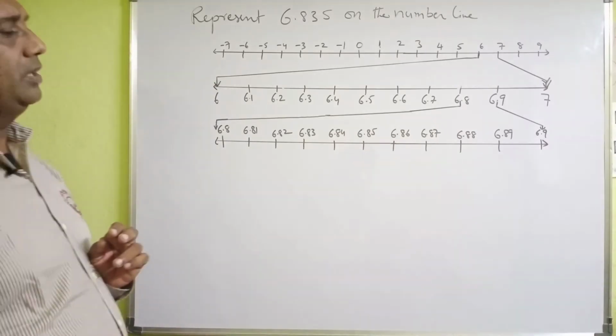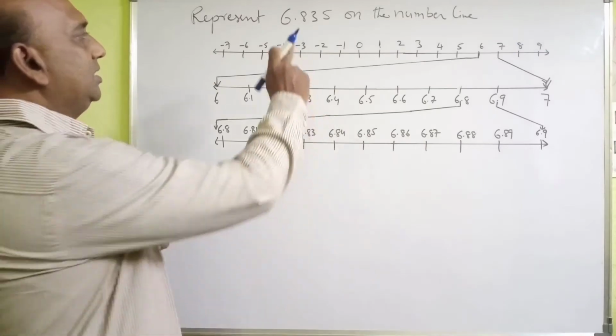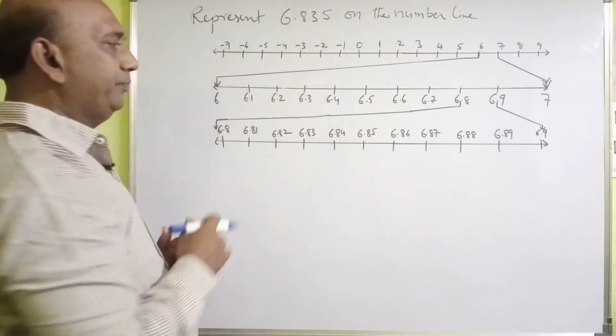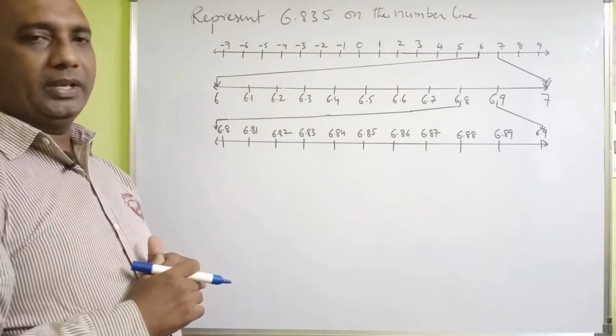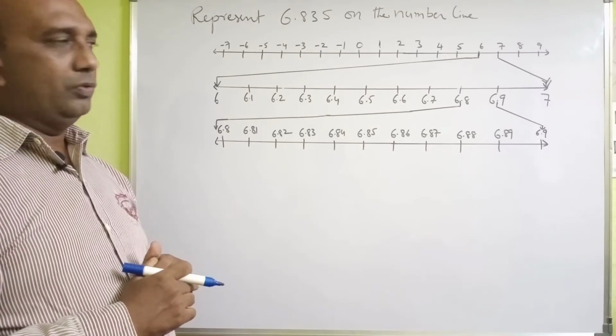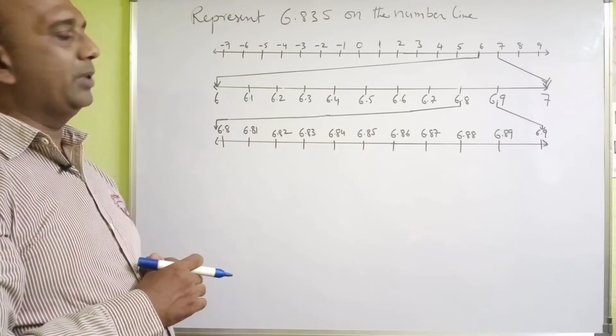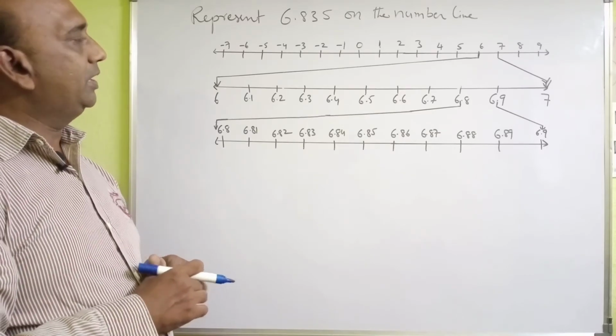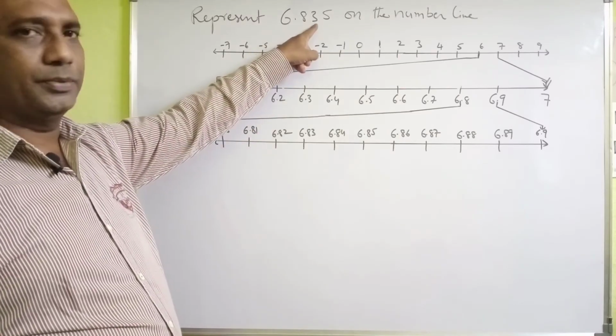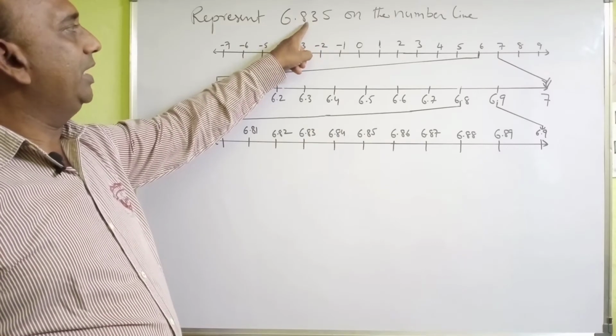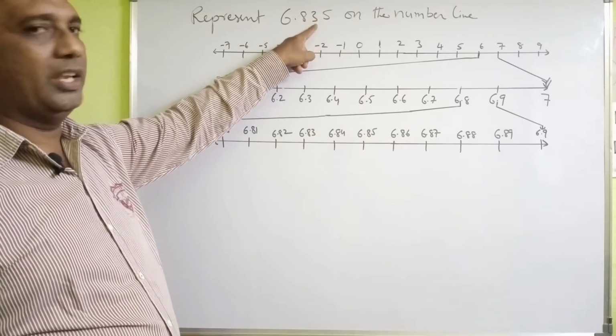Now once again look at the given number, 6.835. Now the rational numbers to be taken on the next number line: for that look at the second digit. 6.835, second digit is 3.